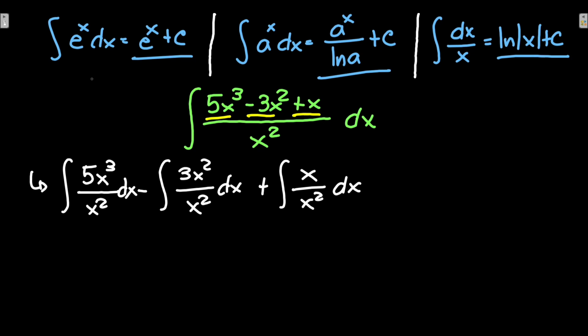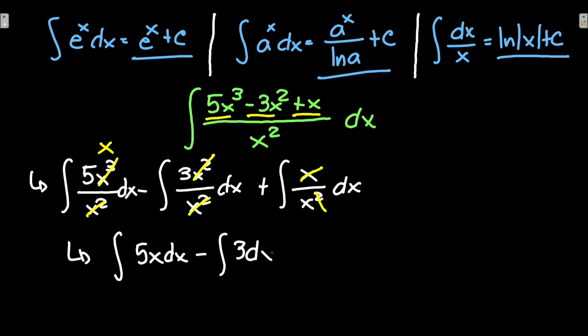And so simplify this first. You can see here that x squared and x cubed will divide, and so this would be left with x. The x squared here will cancel, the x here will cancel, and you are left with 1 over x here. And so this would be the integral of 5x dx minus the integral of simply 3 dx plus the integral of 1 over x dx.